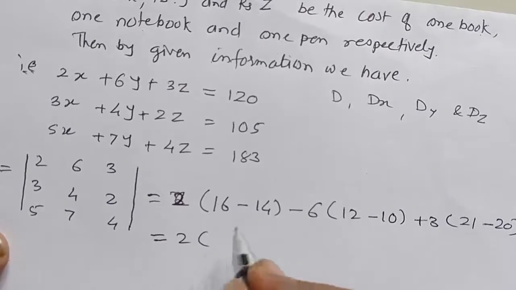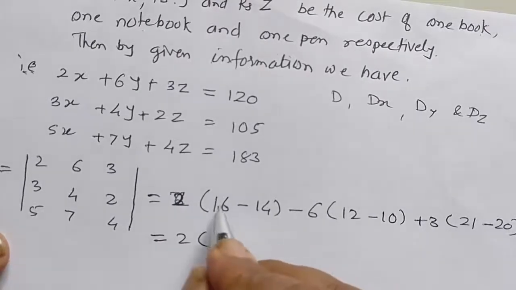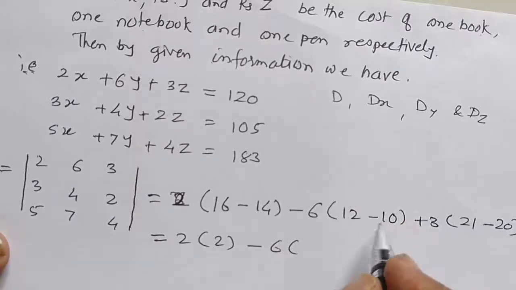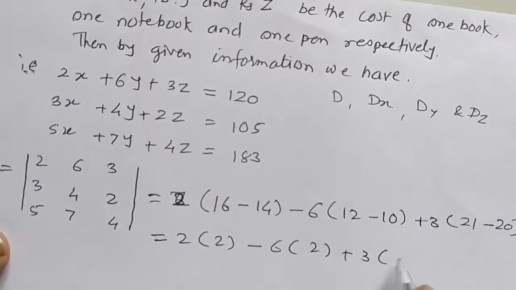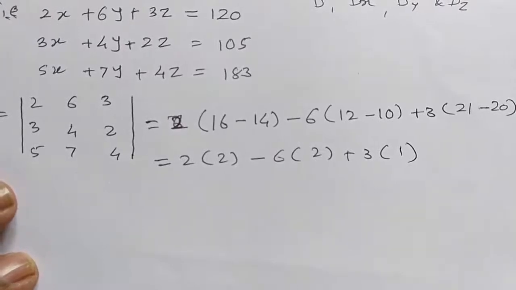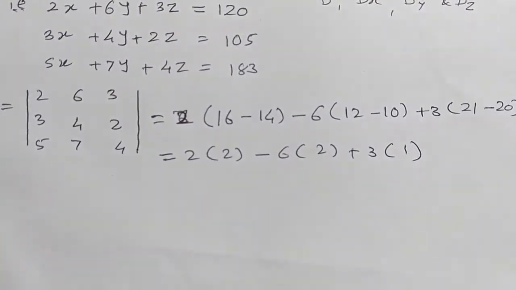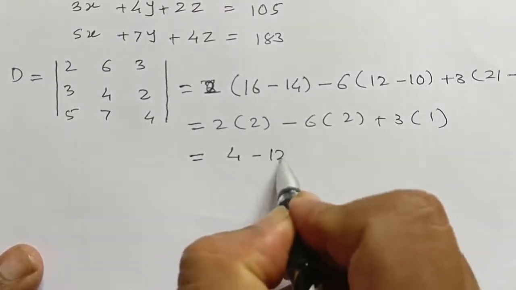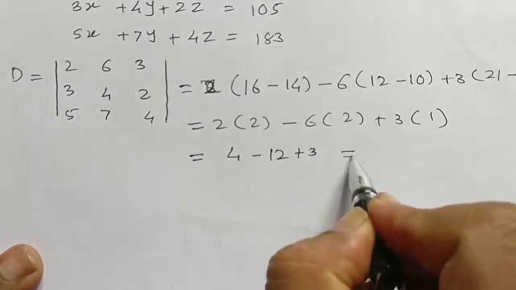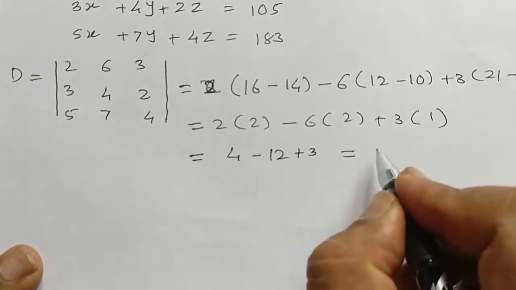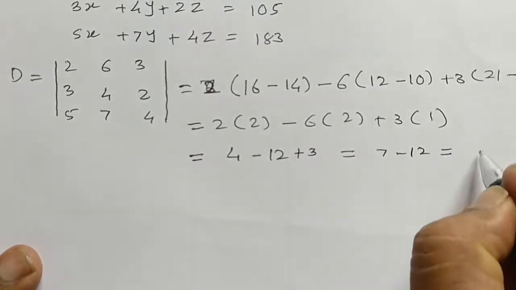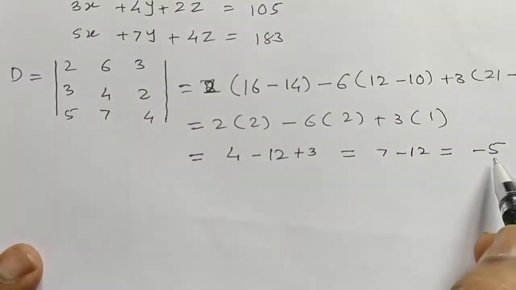Simplifying this, 2 into 16 minus 14, that is 2, minus 6 into 12 minus 10, that is 2, plus 3 into 21 minus 20, that is 1, which is equal to 4 minus 12 plus 3. So this is equal to 4 plus 3, 7 minus 12. So it is equal to minus 5. The value of determinant D is minus 5.